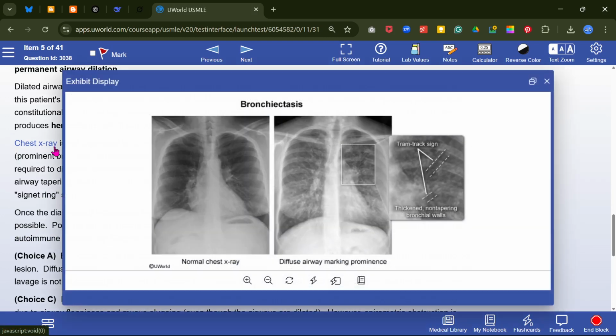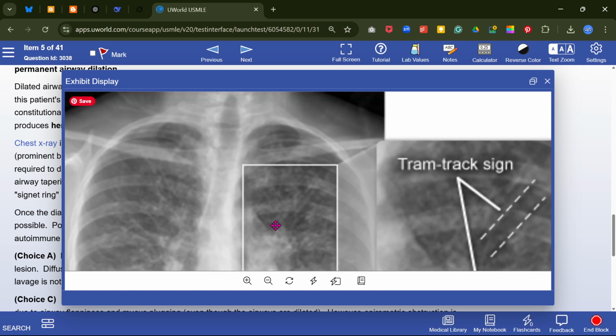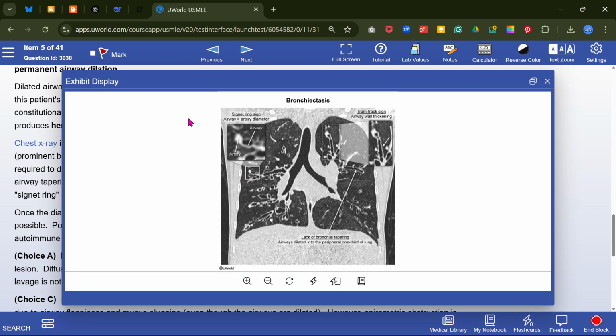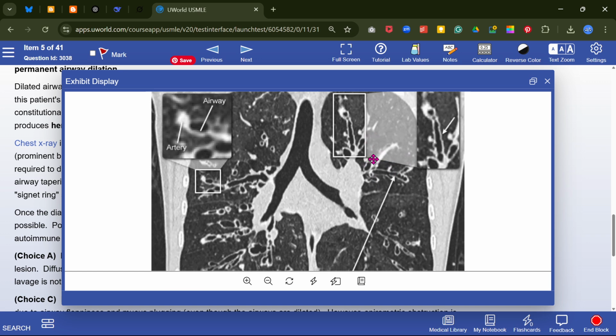In the chest X-ray there is the tram track sign, and it is finally diagnosed by HRCT scan of the chest. It usually shows the signet ring, as I have already told you, and this is tram track calcification.